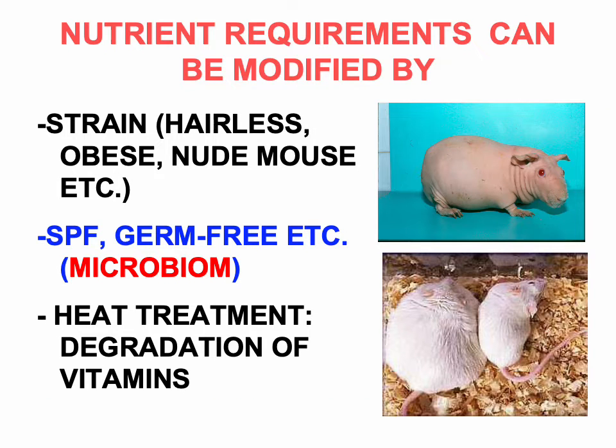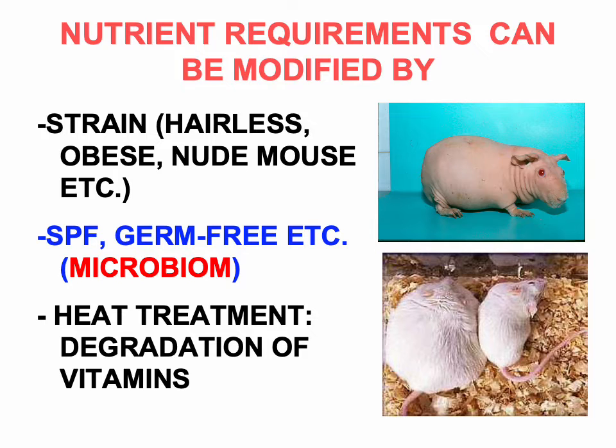The nutrient requirements can be modified by the strain. Of course, the hairless, obese, or nude mouse has a different basal metabolism, different energy requirement. Of course, the microbiome, which is important today, has a great influence, especially on the vitamin supply and on the others.